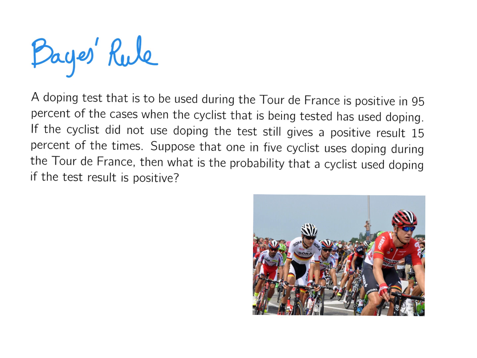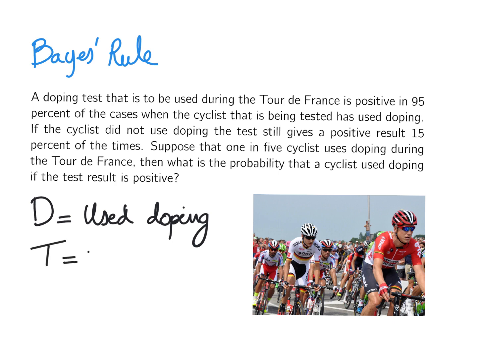So we will be working with two events here. Let's say event D is the event the cyclist used doping. And we have another event, let's say the event T, and that is the test is positive.